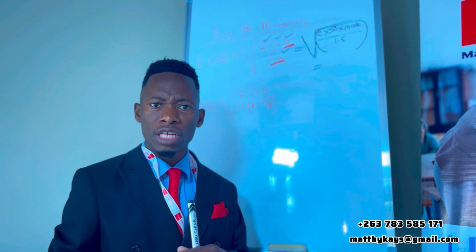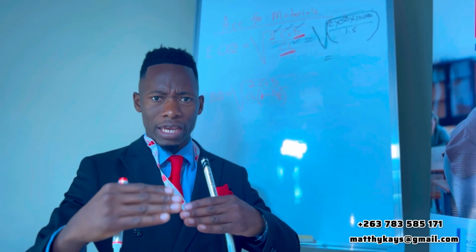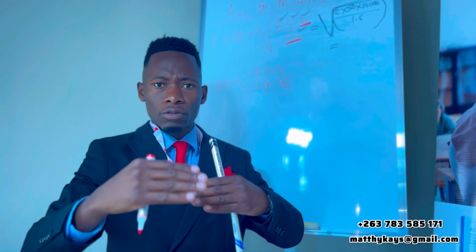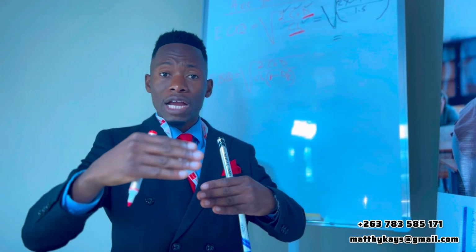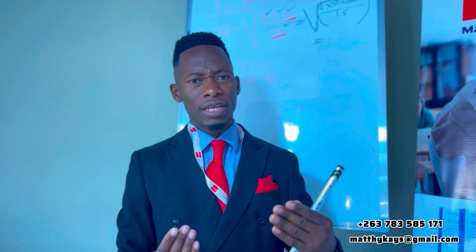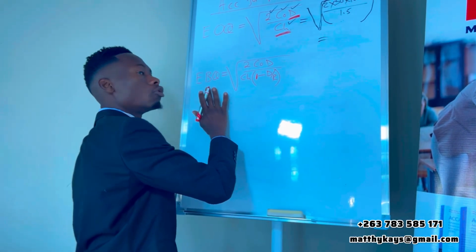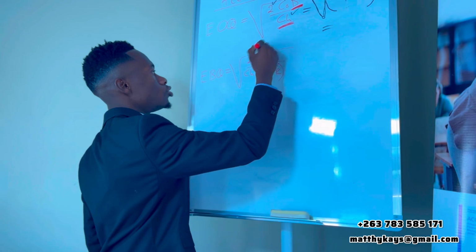Annual holding cost versus monthly demand. Are you seeing that this is not like with like? So for it to be like with like, the demand has to be annual, so you multiply by 12. But if they give you weekly demand and weekly holding cost, this is like with like. There is no need to change. You follow.